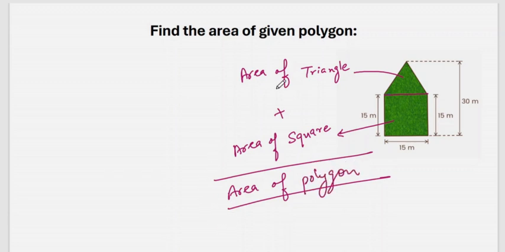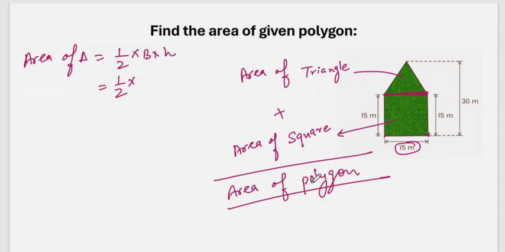Okay. So now, what is the area of triangle? This is half into base into height. Now, half into base. What is base? Take the reference. Base of this triangle is 15. You can see, take the reference of the sides of the square and you will get it as 15 meter.